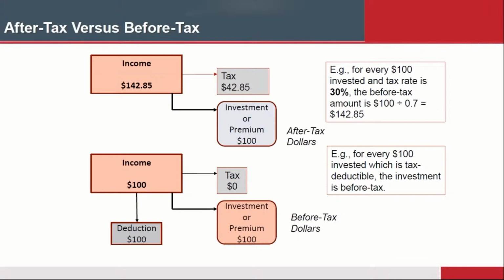So $100 is a real $100. Therefore, $100 before tax is $100 before tax, period, because you are deducting it. Whereas in the first example, the $100 is after tax. That means you have to earn $142 in order to make $100 in investment.